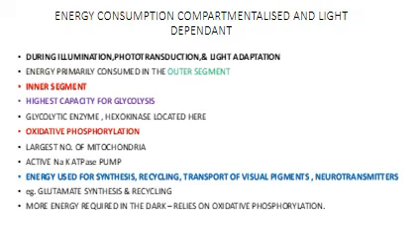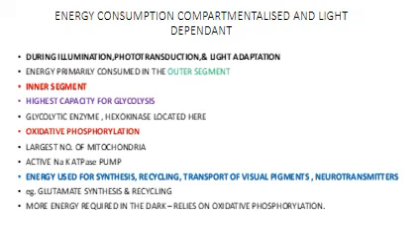So during illumination, phototransduction and light adaptation, the primary energy which is consumed is in the outer segment. The inner segment has the highest capacity for glycolysis and uses glycolytic enzymes like hexokinase.